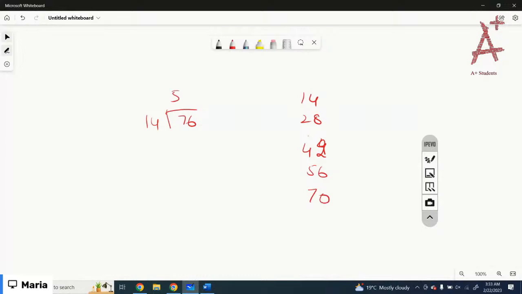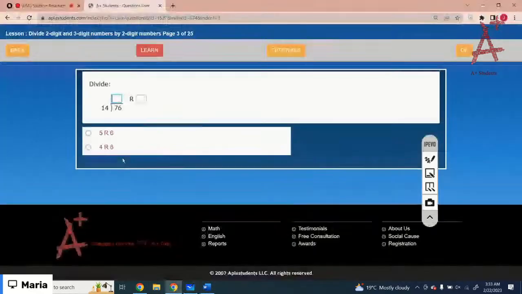So we can go for 14 times 5. Got it? And 76 minus 70 is 6. So it is 5 remainder 6. The correct option is 5 remainder 6. The option number 1 is the correct option.